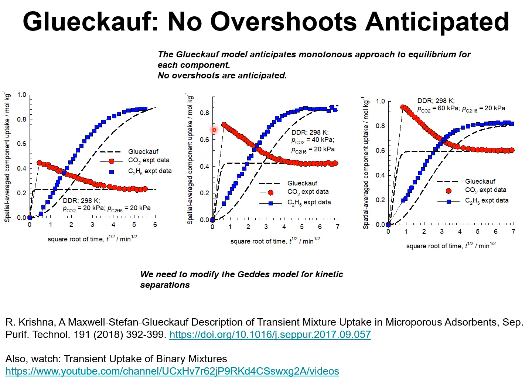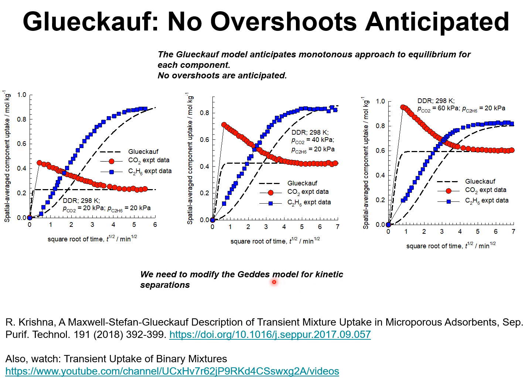This overshoot is quite prominent and reproducible. The Glueckauf model anticipates a monotonic approach to equilibrium for both components because it assumes each component diffuses independently of its partners in the mixture.